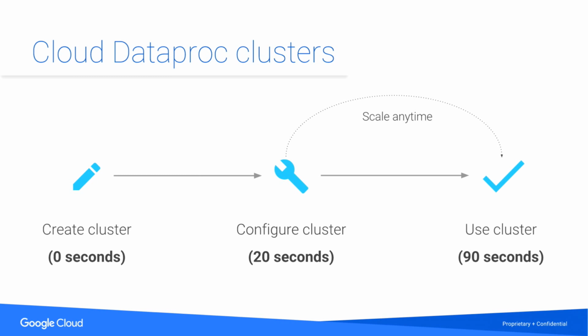There are multiple ways in which you can bootstrap your cluster. You can do it via console, which is part of the demo. You can also use Dataproc API, and you can also use gcloud commands to bootstrap or change some configurations of a cluster.